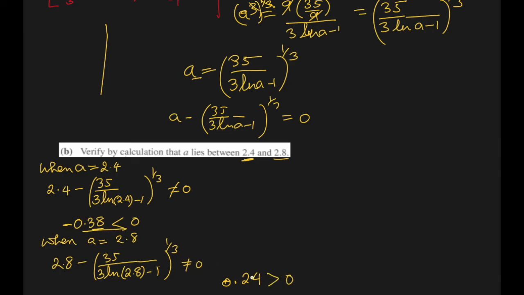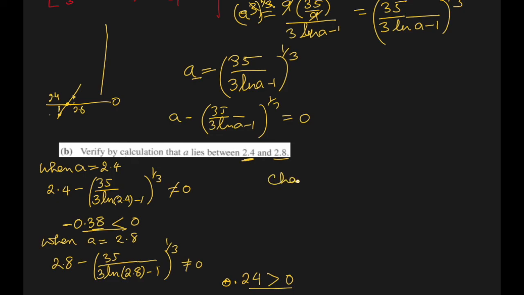One was less than 0, one was greater than 0. That means if you draw a graph, if this is y equal to 0, somewhere it will change from negative to positive. So it was less than 0 earlier when a was 2.4. It was negative. When a became 2.8, it became positive. That means the root, which is the x-intercept, is somewhere between 2.4 and 2.8. So what do we write?